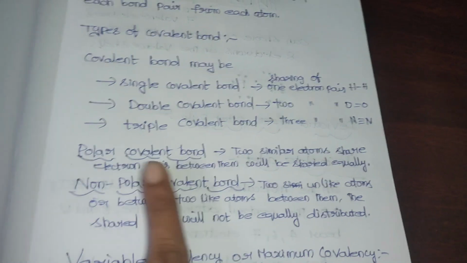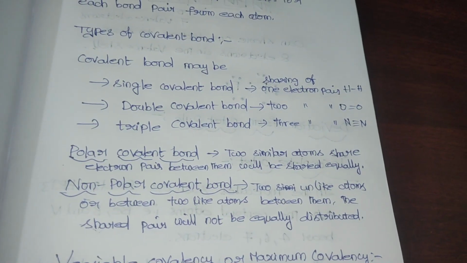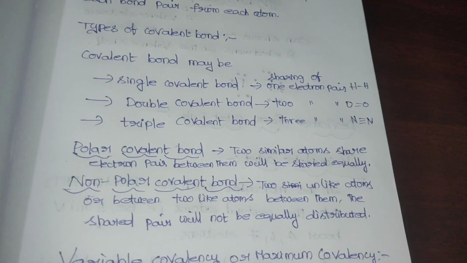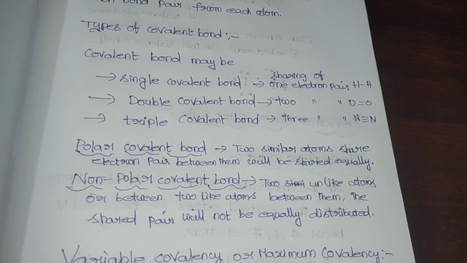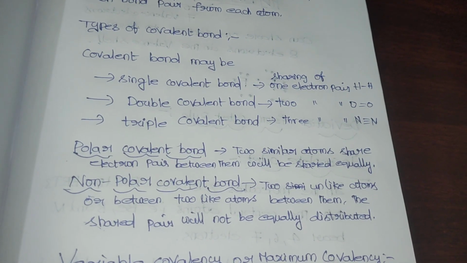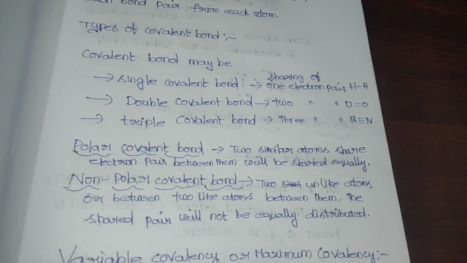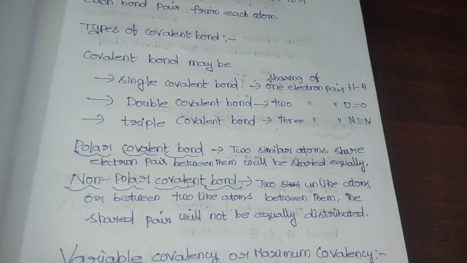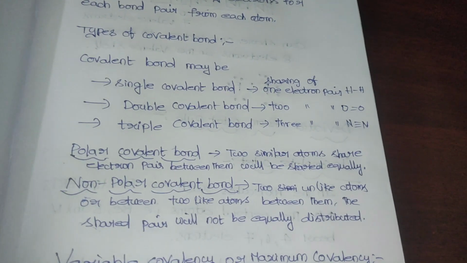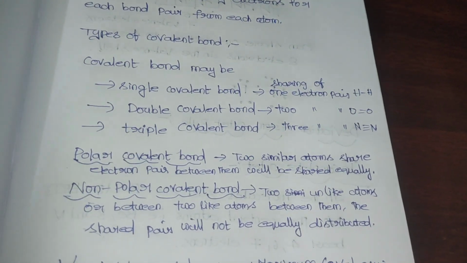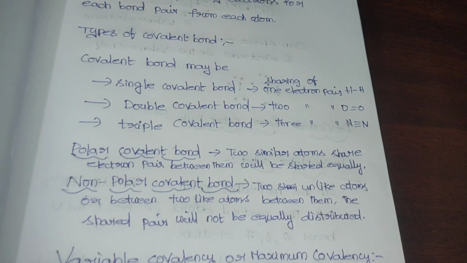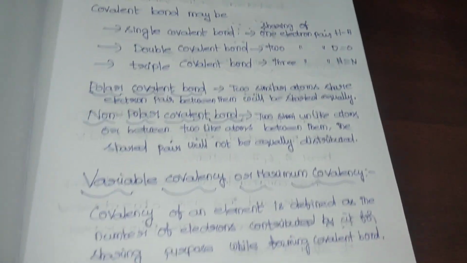Then what is a polar covalent bond? When two unlike, different atoms share their electron pair, it will not be equally distributed. The shared electrons will be unequally distributed between these two atoms, and then a polar covalent bond will be formed. So this is the difference between a polar and a non-polar covalent bond.